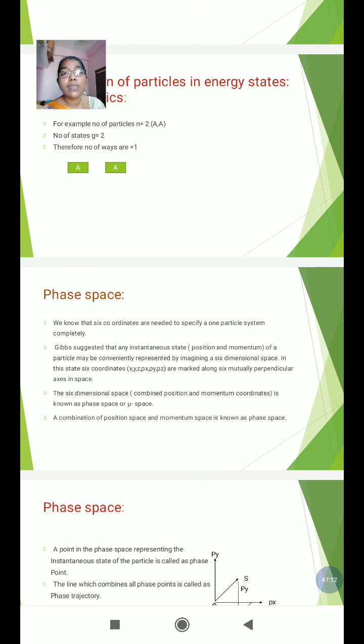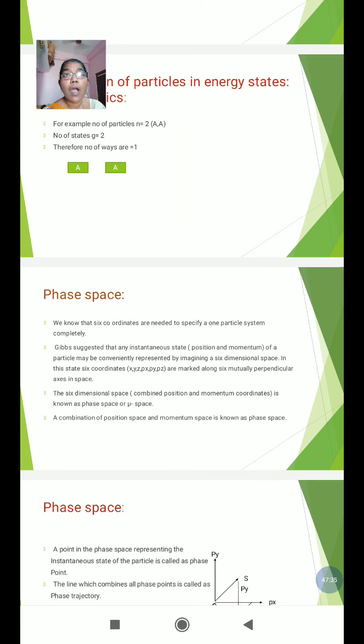The coordinate system represents coordinates like x-axis, y-axis, z-axis. The three coordinates will represent the position and the momentum of the system. The motion of the particle will be known from the coordinate system.